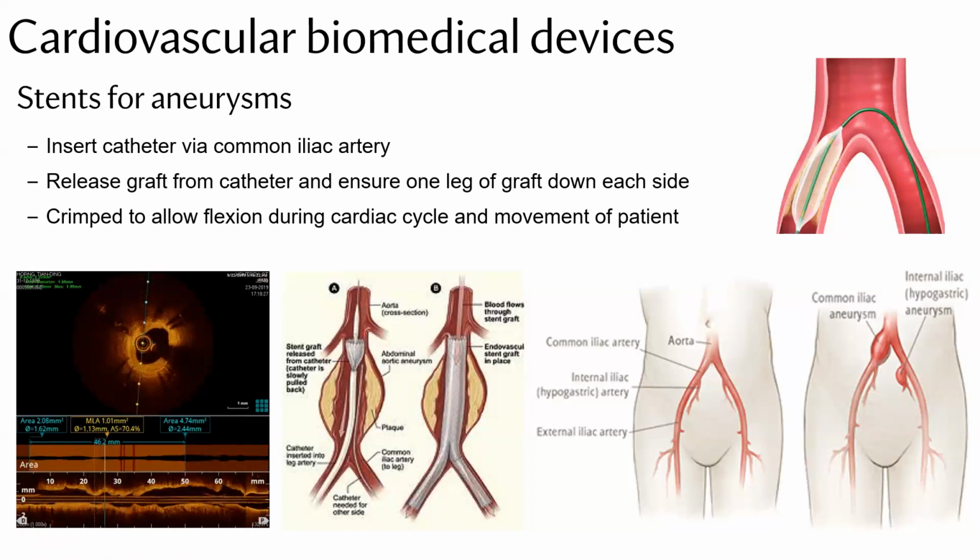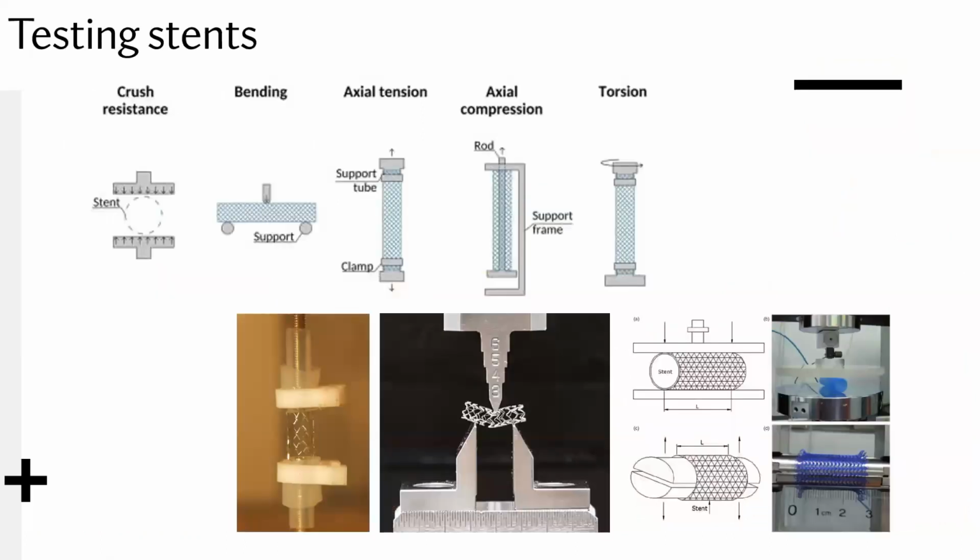They're all crimped to allow that flexion during the cycle. When the patient's moving or when the cardiac cycle peaks, they have to have some level of compliance there. And to conclude, really, the various methods to test stents, because as I mentioned before, we're looking at various mechanical properties in stents.